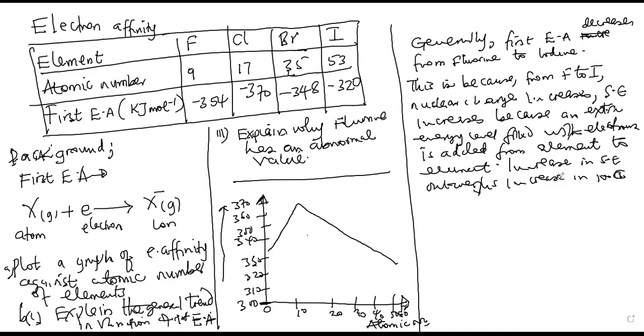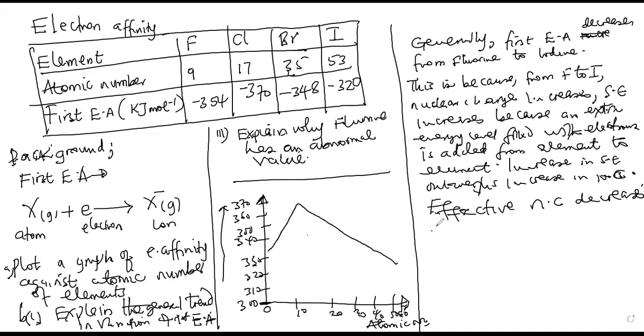It means that the effective nuclear charge decreases. It's as if we are describing atomic radius. They are related somehow. When the effective nuclear charge decreases, then the atomic radius increases.